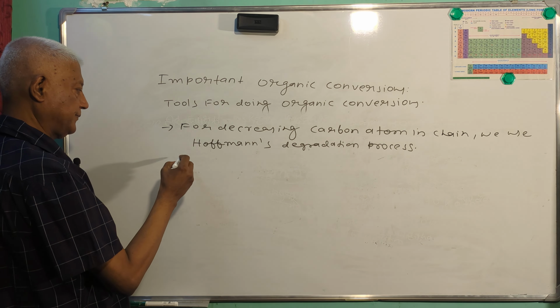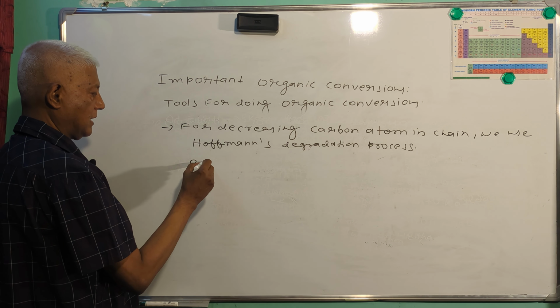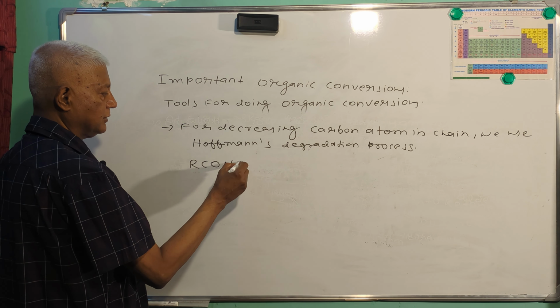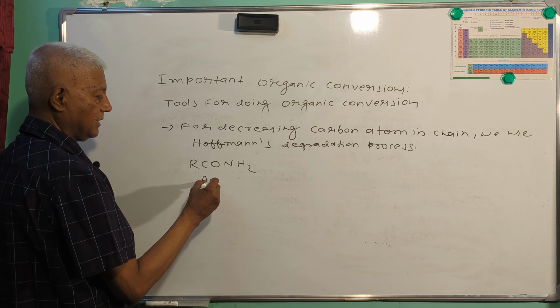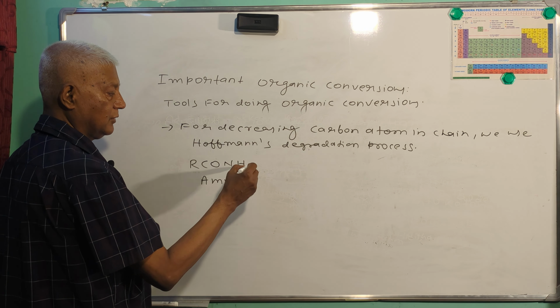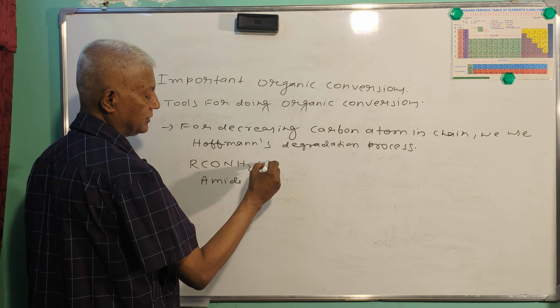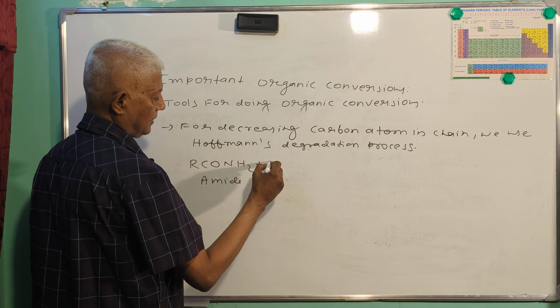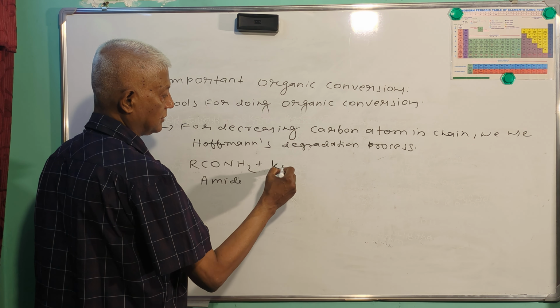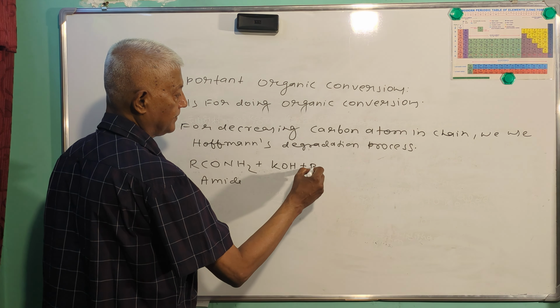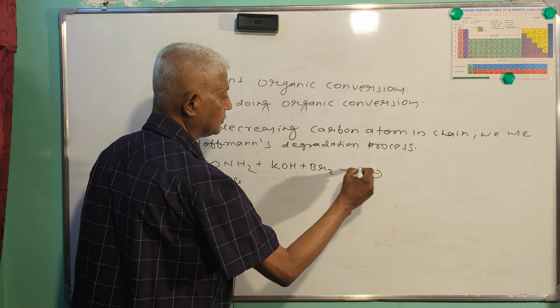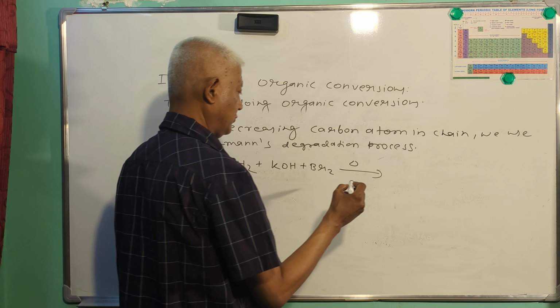So what do we say? RCONH2, that is an amide. When that is treated with KOH, potassium hydroxide, and bromine solution, what you get?